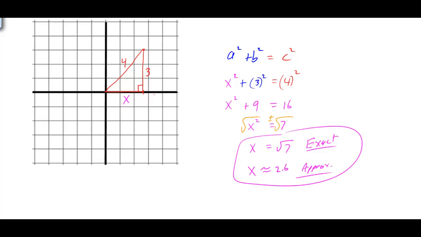And if we look over here now at the grid, we see that 3 is on the y, 4 is our hypotenuse, and then along the bottom here, if we count, it looks like we would have 1, 2, and then a little bit more than a half. So it makes sense then that here x is approximately 2.6.